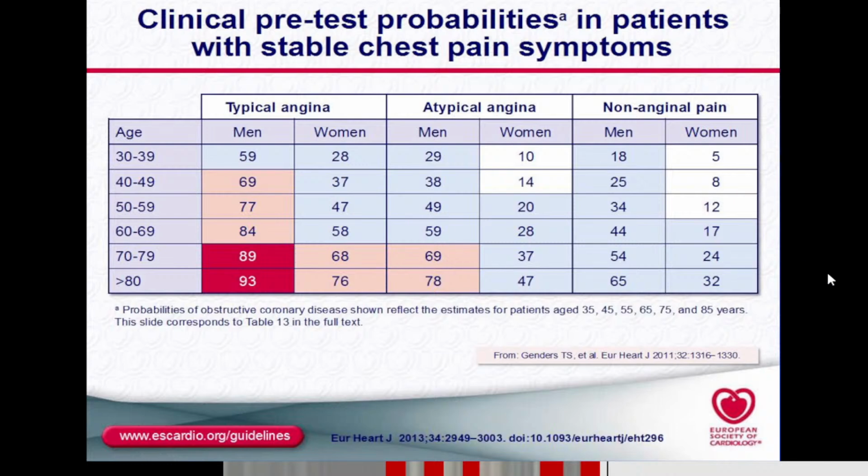And we must take it into account, especially while evaluating some atypical clinical presentations in both groups. Moreover, in atypical angina, and moreover in non-anginal pain, the probability of real angina in the male population is higher.